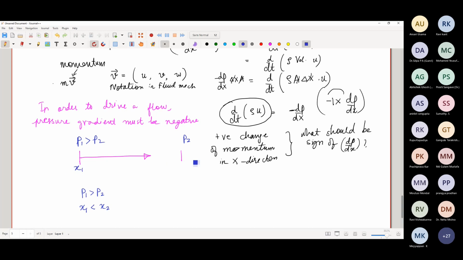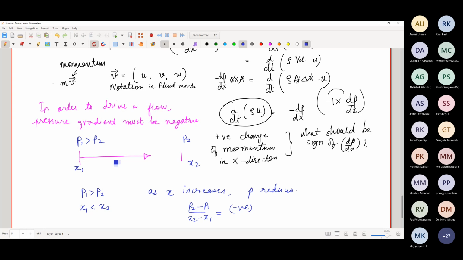As x increases, P reduces, meaning P2 minus P1 over x2 minus x1 is negative. Hence, this kind of pressure gradient is called a negative pressure gradient. So you must remember that in order to drive a flow, the pressure gradient has to be negative. One cannot have a positive pressure gradient and still drive the flow in that direction.